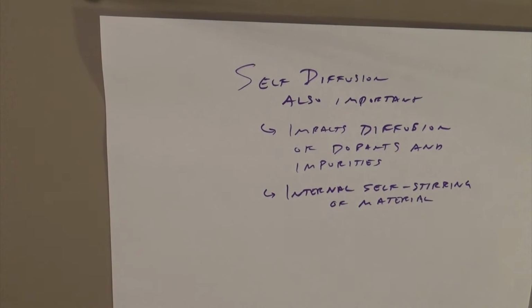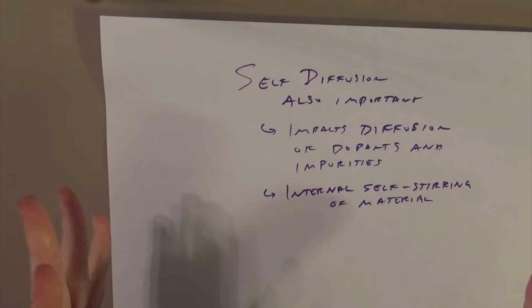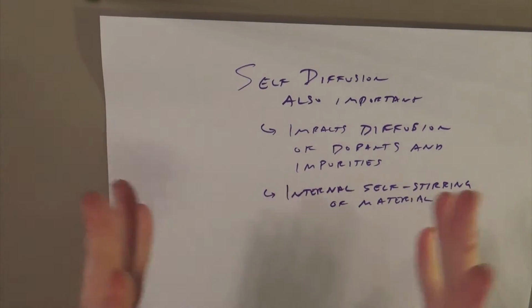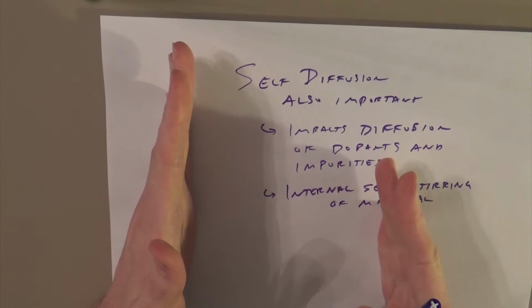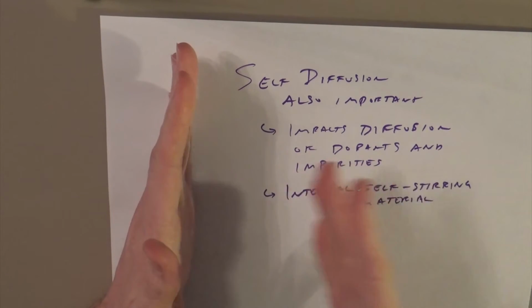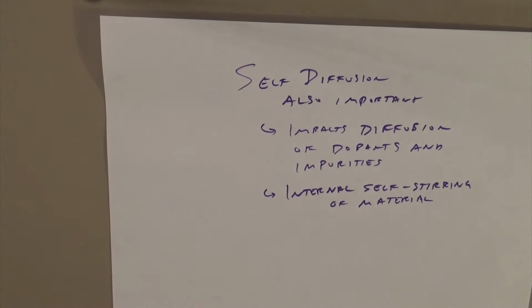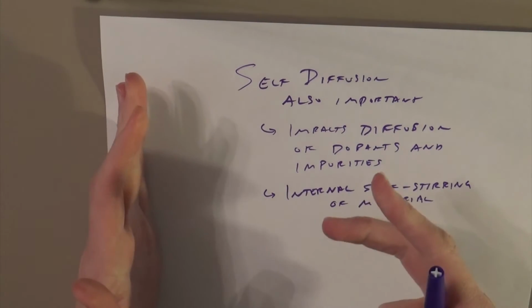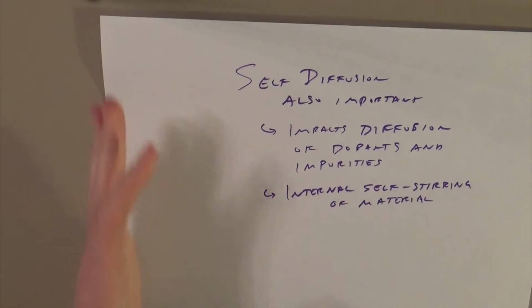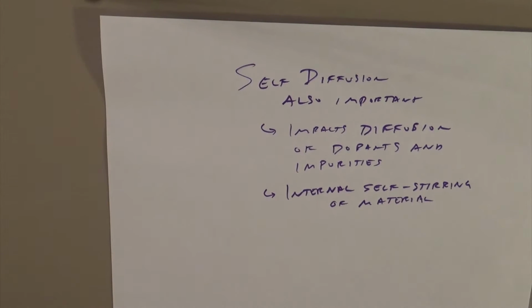You'd take isotopically pure materials, and you would look at say one pure isotope, and then you put a layer of a different isotope of the same material, and you'd watch that diffuse in, and you could then measure the distribution of isotopes using a mass spectrometer. So you would ablate from the surface using sputtering, and then measure the masses coming off, and that would give you a measurement of the internal distribution of masses.